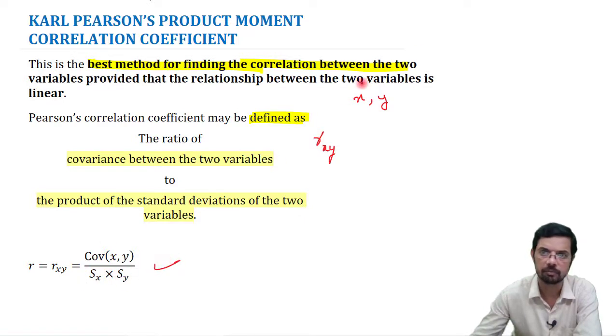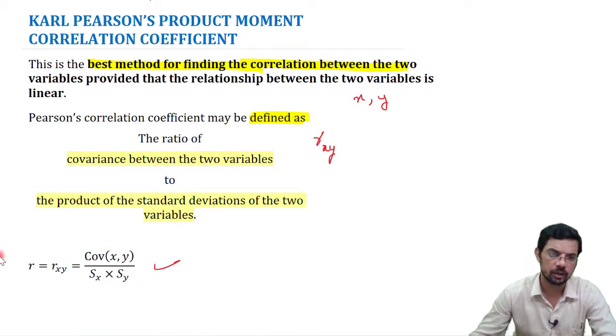This formula is a very important question. So, this formula is very important to find the Karl Pearson's correlation coefficient. It is defined as covariance of xy divided by standard deviation of x into standard deviation of y.